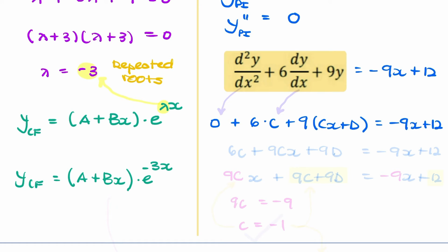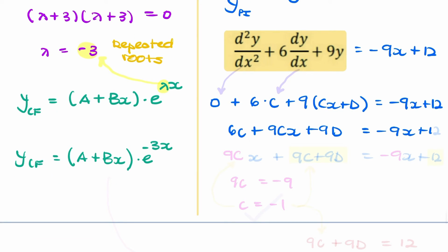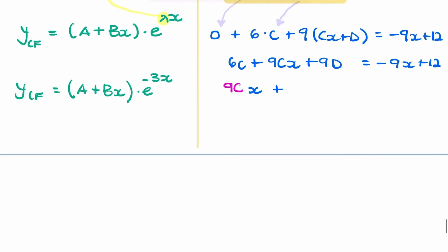So if we simplify that, that gives me 6c plus 9cx plus 9d equals negative 9x plus 12. And if we simply look at the coefficients, I can rearrange this to make it look like this: 9c times x plus 6c plus 9d equals minus 9x plus 12.